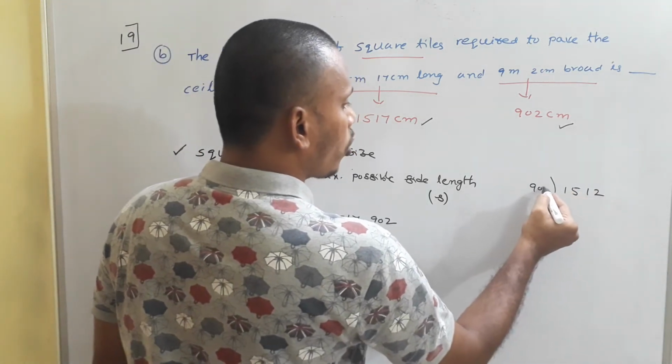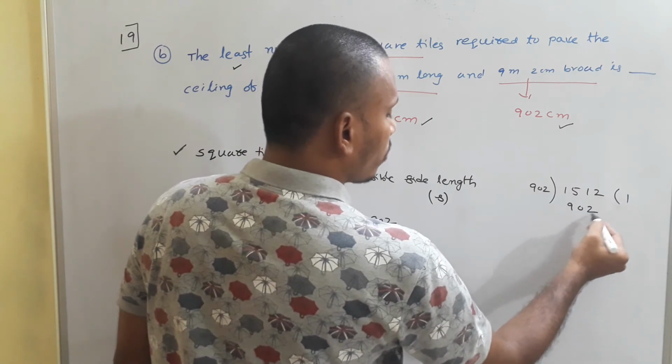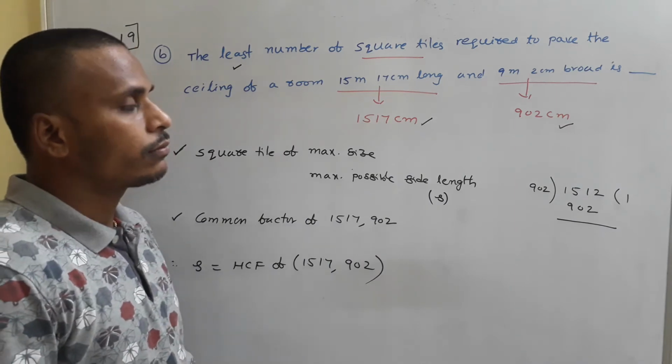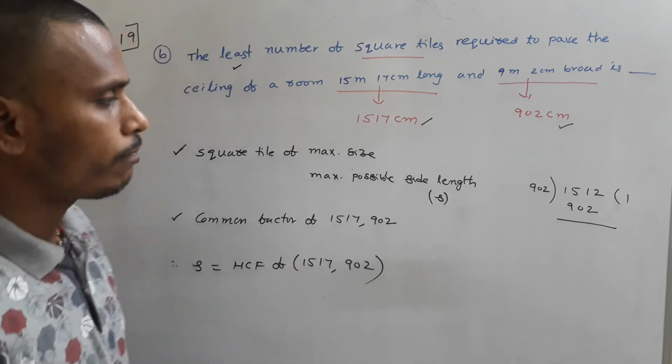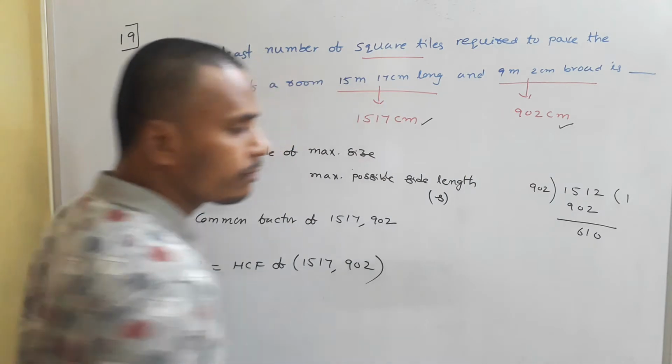1517 and 902. 902 once is 902. If you subtract, 1517 minus 902 gives 615. Is it right?